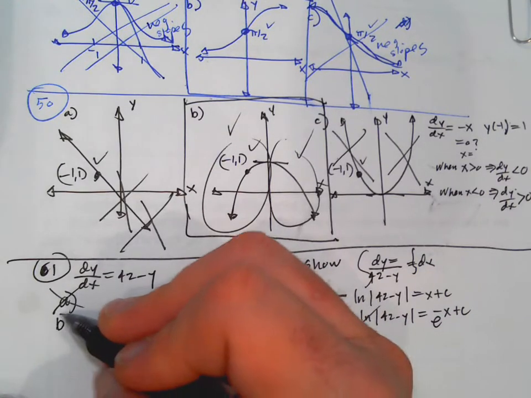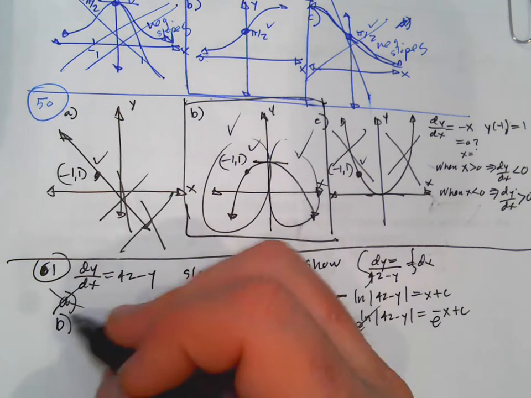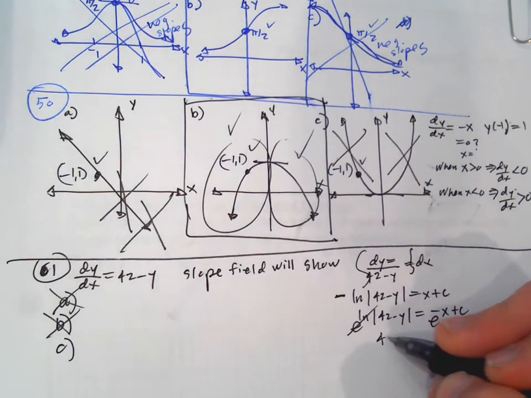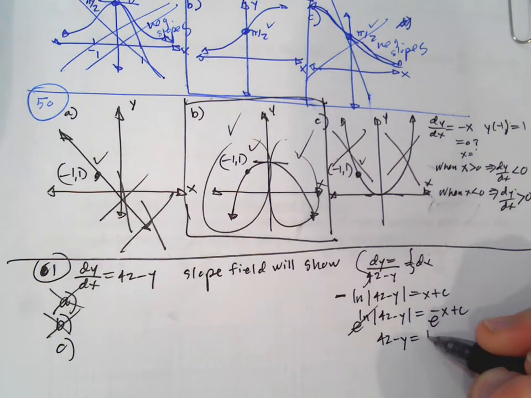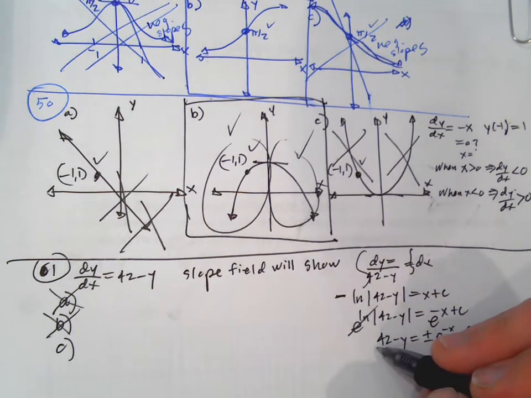So what did B say? B says a vertical asymptote at 42. At what? At x equals 42. No. A horizontal asymptote. Well, if you were to keep solving this, exponentials have horizontal asymptotes, right?